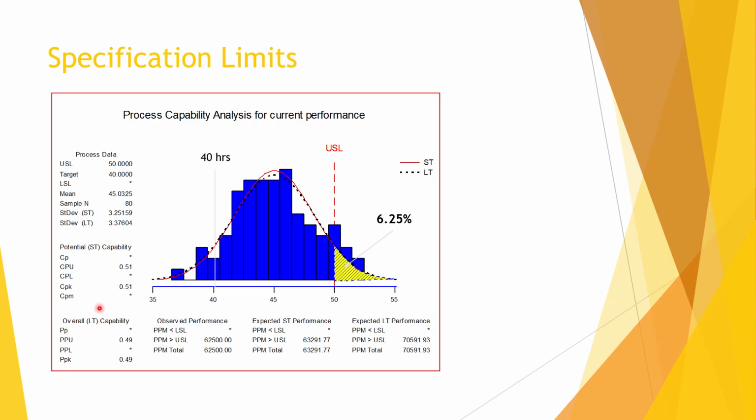When CPL is less than CPU, the process is not centered. It is more likely to produce defective units that violate the lower specification limit. When CPL is greater than CPU, the process is also not centered. A disadvantage of the CPK index is that it only represents one side of the process curve and tells you nothing about the other extreme.